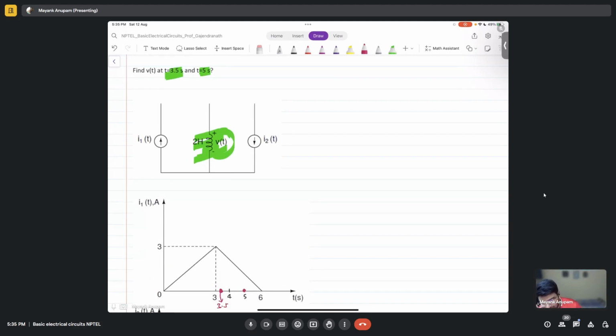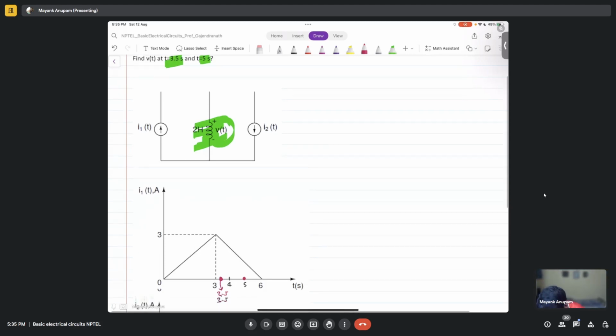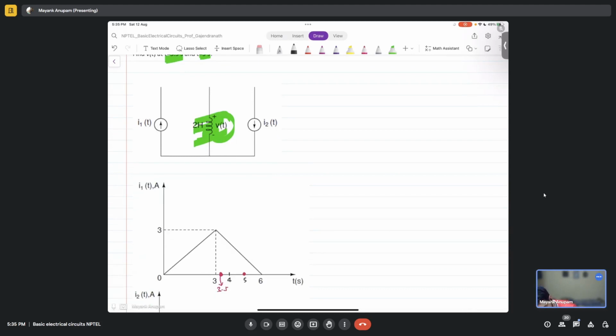KCL. Yes, so KCL at where? There is only one node, sir. Yes, correct. There is only one node, so no ambiguity there. So you have to find out what is the current entering here, right? V of t is this one, right?